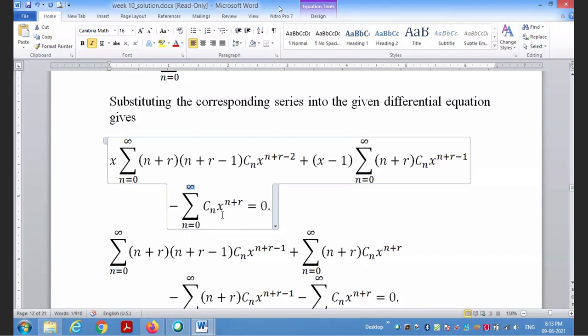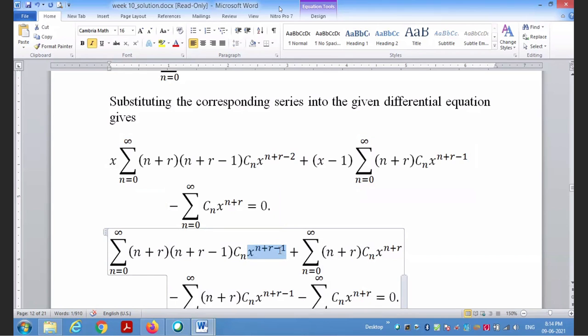Whatever is inside here you need to eliminate, meaning that you bring this inside. So that's why it becomes n plus r minus 2 plus 1. So it becomes n plus r minus 1 because you multiply these terms with x. That's why you have this, right?